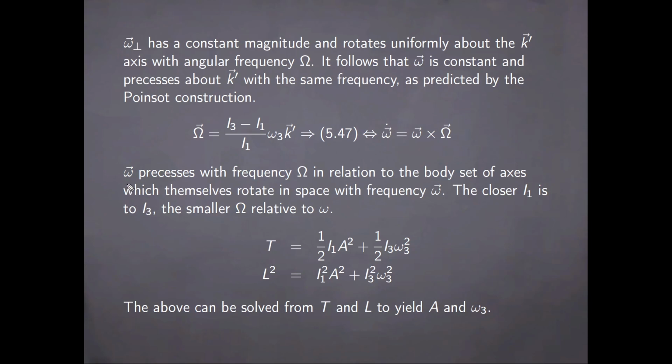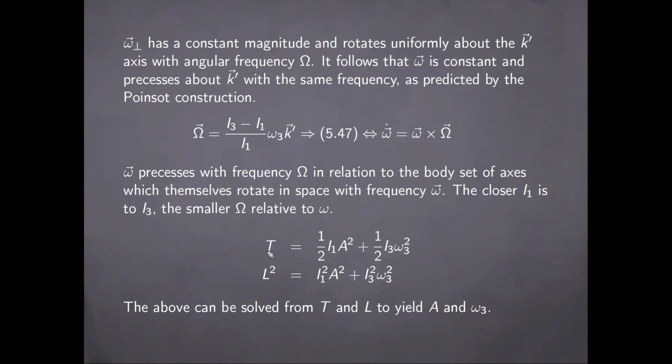So the angular velocity precesses with frequency omega in relation to the body set of axes, which themselves rotate in space with the frequency given by the vector omega. And the closer I1 is to I3, so the closer the body is to being spherical, then the smaller capital omega will be relative to the magnitude of the angular velocity.